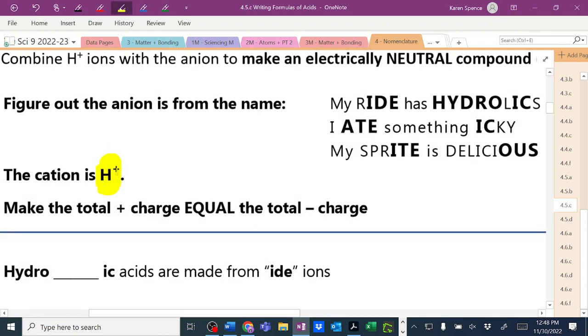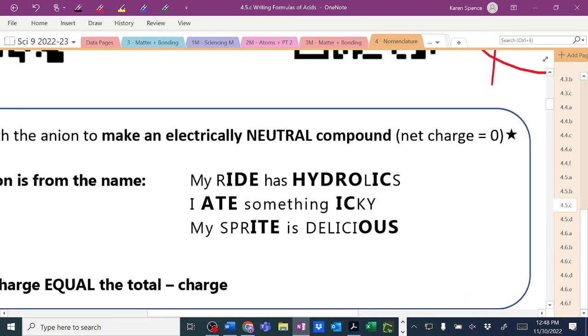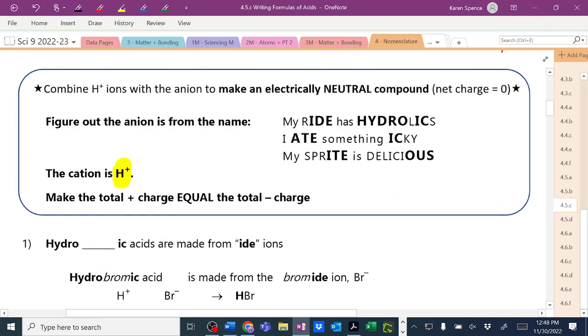Super hard, right? Hydrogen is H+. And you're always going to be combining H+ with whatever the ion is. Yeah, we're on page 83. The total positive charge has to equal the total negative charge, just like all other formulas, okay? Except for the covalent ones where you just have to use your prefixes to tell you how many of each.